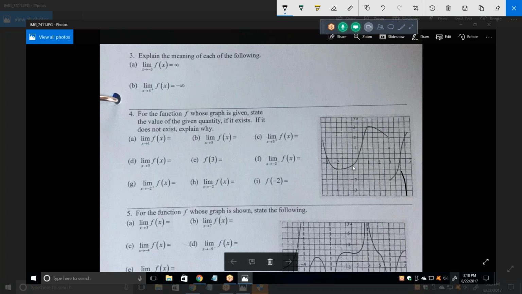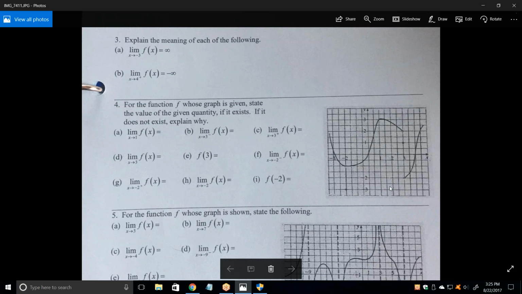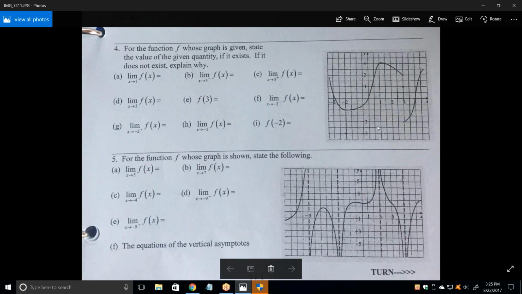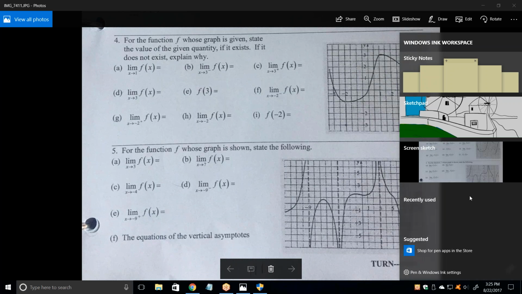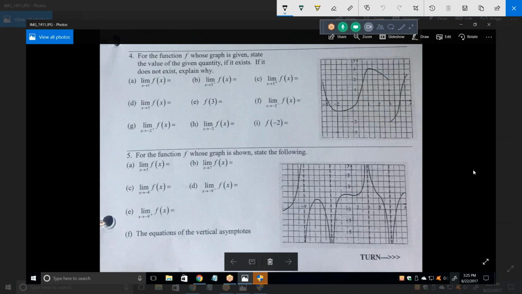Now, this is extremely common, this picture. This is an extremely common calculus question on limits.